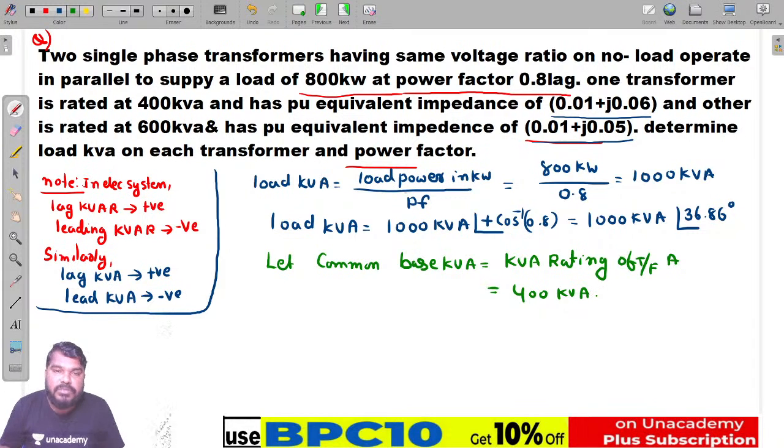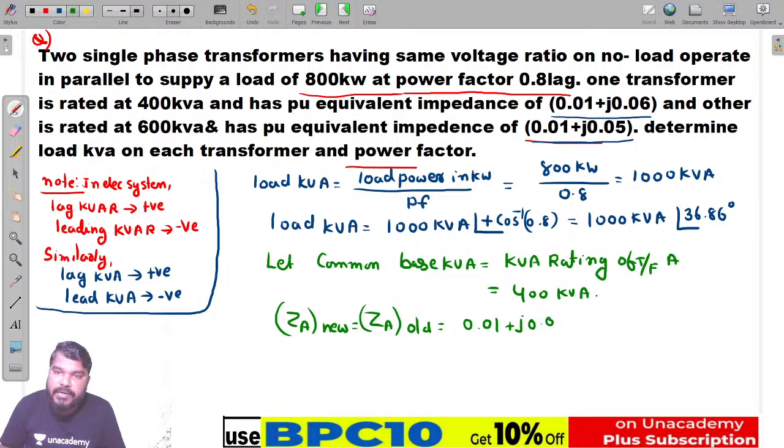So now simplify here, ZA new is equal to ZA old, so it is equal to 0.01 plus j 0.06 per unit, okay, per unit. So now ZB new is equal to, how do we get ZB new?